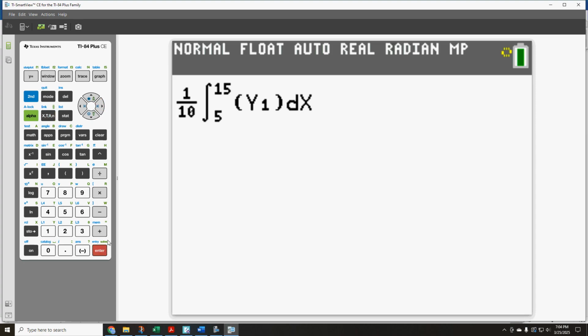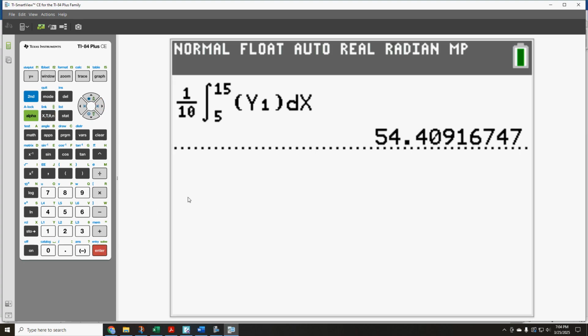I hit enter, and I get 54.409. I truncate, I don't round: 54.409.